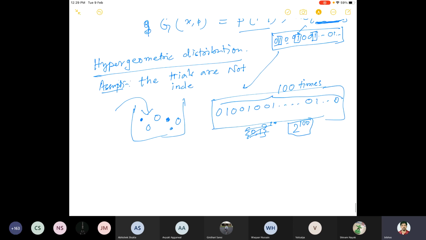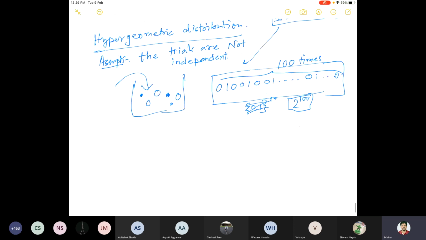This is the first assumption. Because I told you that in the binomial distribution we have independent Bernoulli trials, now we may have situations where they are dependent. I'm not writing dependent because I do not know how it depends, so I'm writing not independent. It depends on something, and we'll see that.